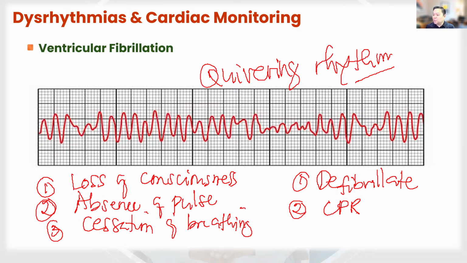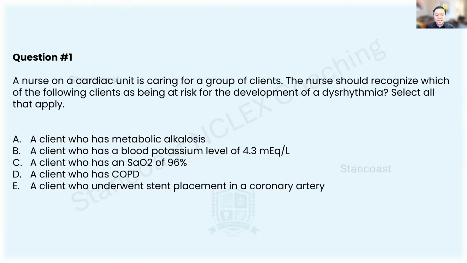Now, we will be doing the Q&As right now with the first question. It states: a nurse on a cardiac unit is caring for a group of clients. The nurse should recognize which of the following clients as being at risk for the development of dysrhythmia. Select all that apply.